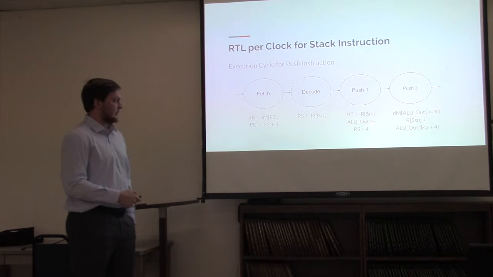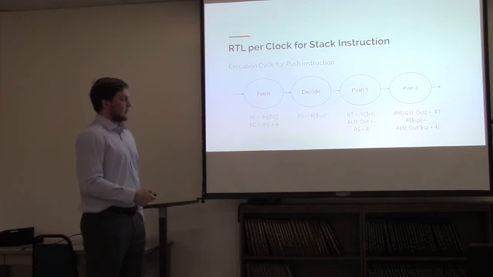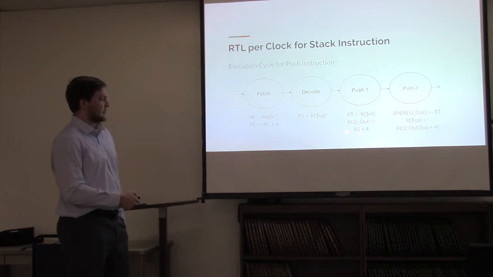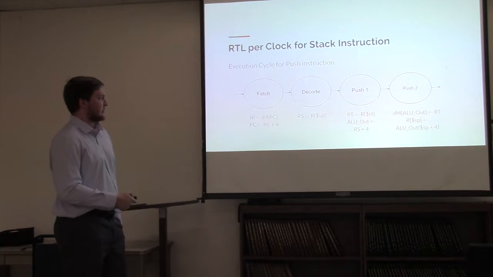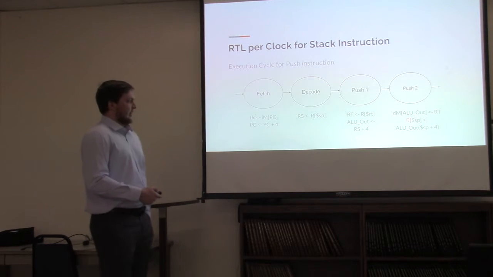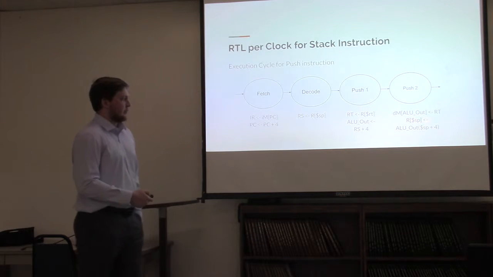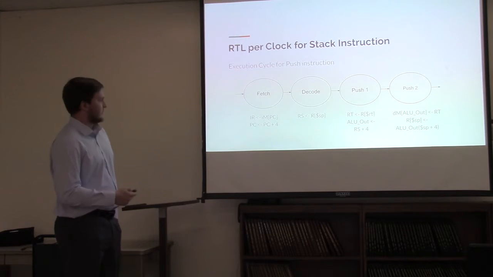And then our ALU out gets the stack pointer incremented by 4. And then on the last state, we write to our memory, using the address from ALU out, which has been incremented by 4, and writing RT, which has our RT data. And then we also write back to our stack pointer the incremented value for the next step.